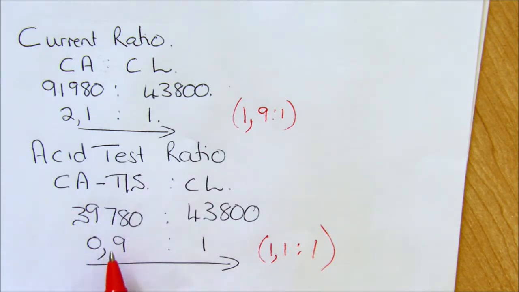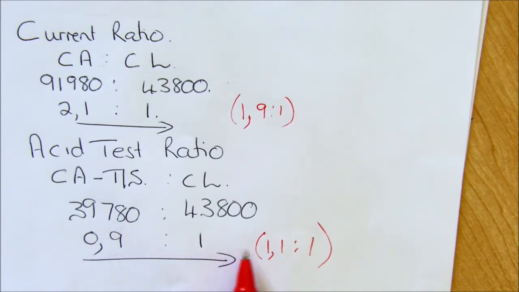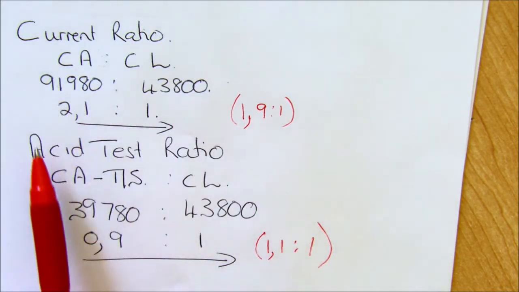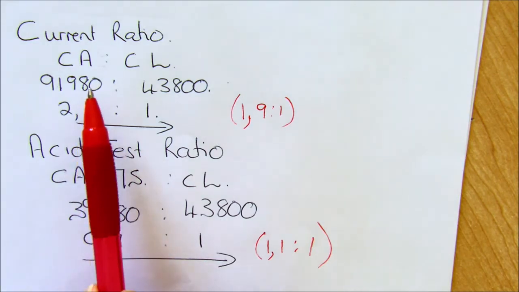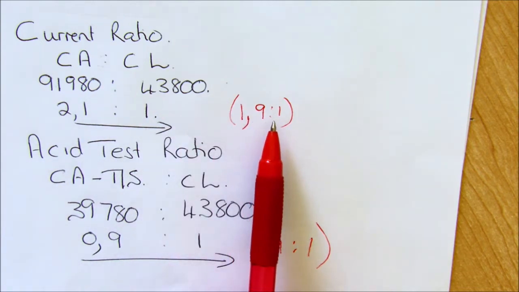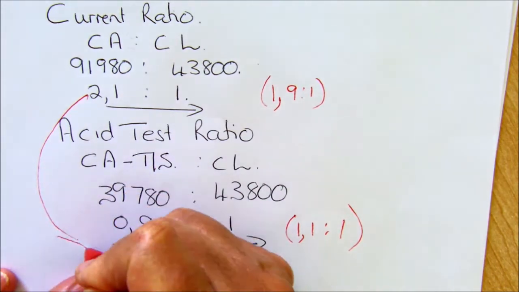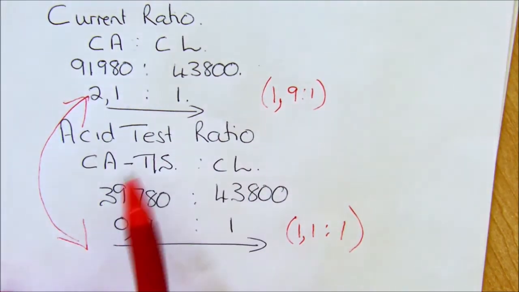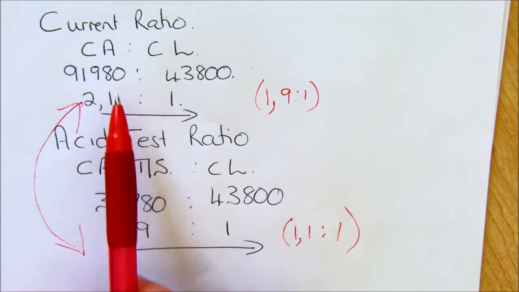And generally you can see, although this is slightly below, remember there is stock, we can say that this business is fairly sound from a liquidity point of view. They've got enough assets here to pay off their debts. The problem that might exist in this business, if you compare these two with each other, is that when we've got stock, we're fairly comfortable.